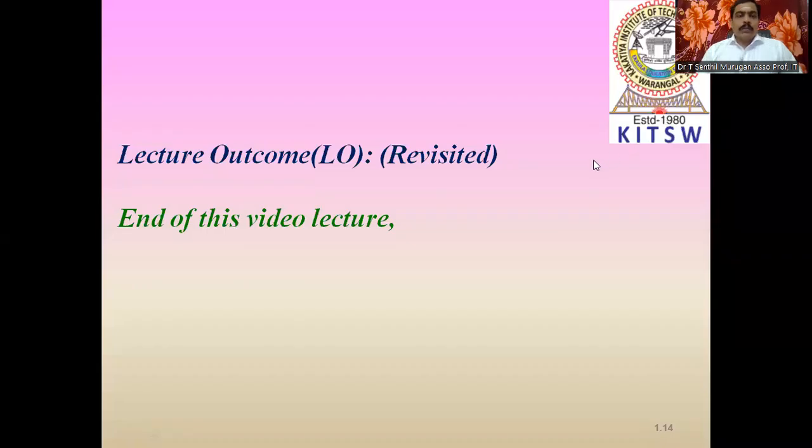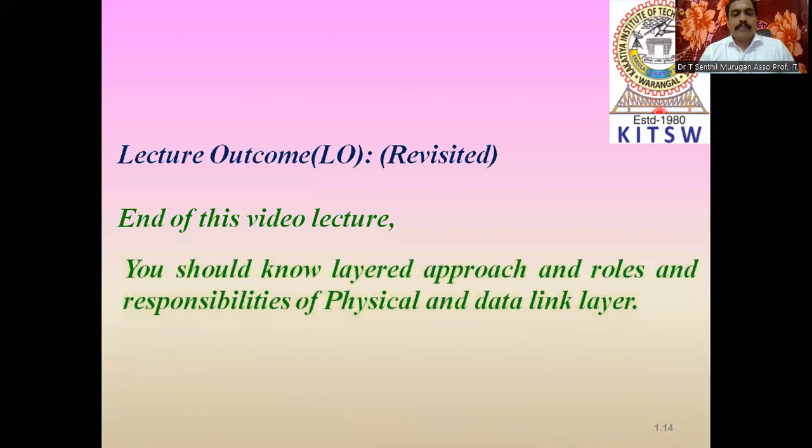Now we have discussed the layered approach, how many layers are in the OSI model, what the physical layer is and its characteristics, and what the data link layer is and its role. By the end of this video lecture, you should know the layered approach and the roles and responsibilities of the physical and data link layers. In the physical layer, what type of data do we forward?